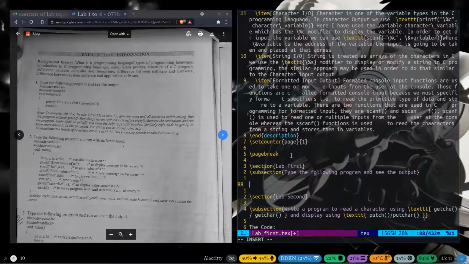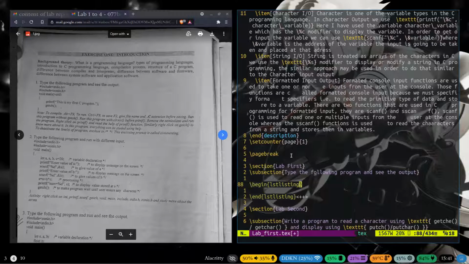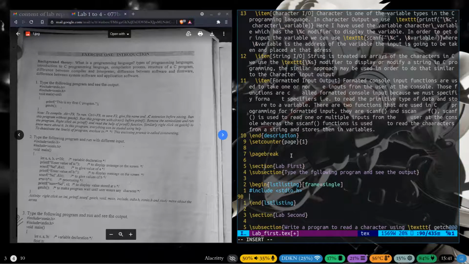I have to write the whole program. So it is framing on symbol, and I have to write the whole program. Include stdio.h. What the heck? Include conio.h.